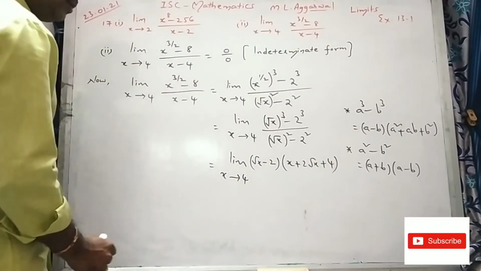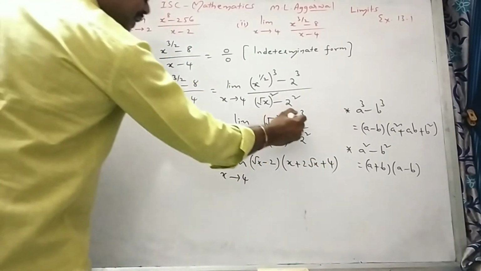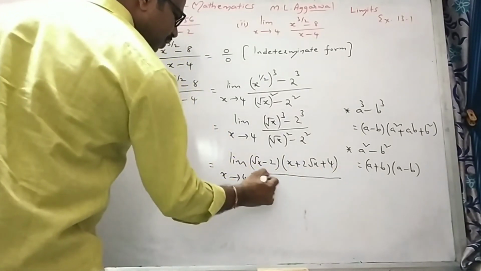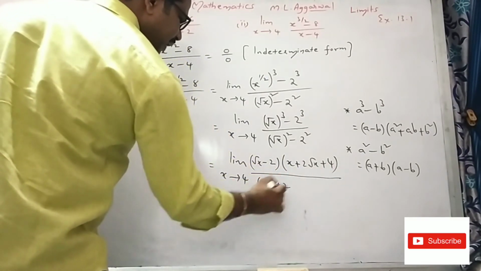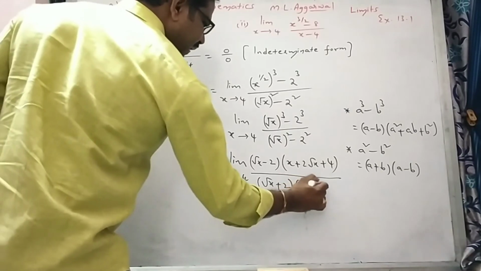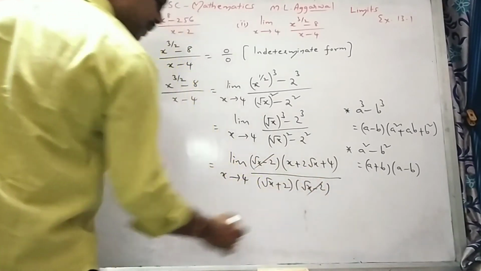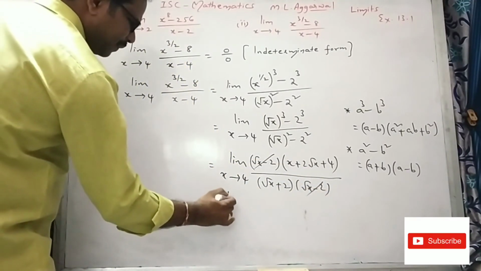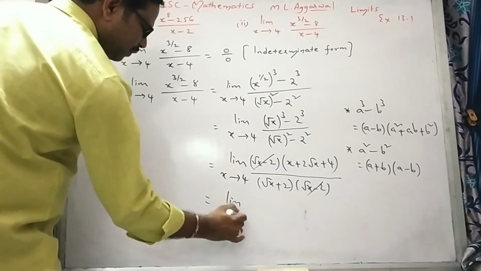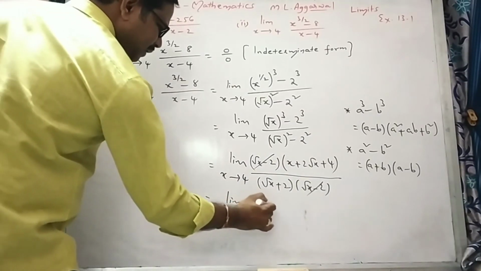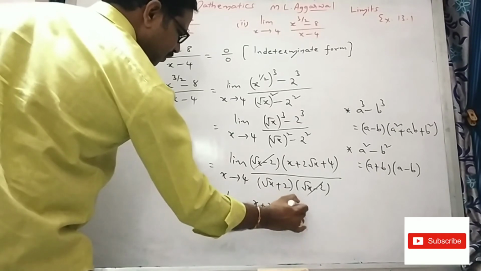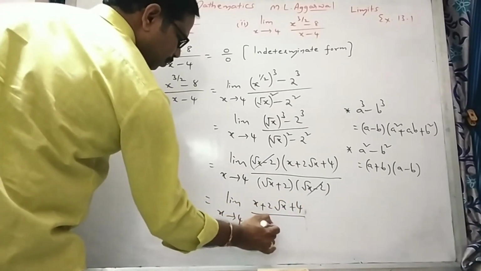A value root x, b value take 2. Here also (a plus b) into (a minus b). Common factor is cancelled. Limit x tends to 4, (x plus 2 root x plus 4) upon (root x plus 2).